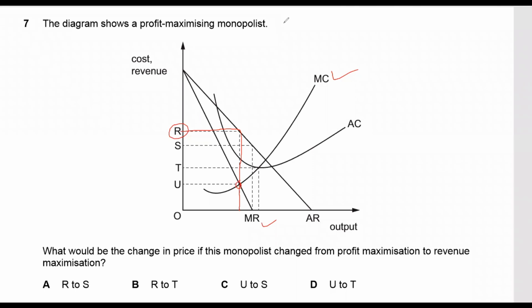And the condition for revenue maximization is marginal revenue should be equal to 0, and marginal revenue is 0 at this point, and we can draw perpendicular till average revenue because price is always equal to average revenue. So this is the revenue maximizing price. So if firm wants to change its aim from profit maximization to revenue maximization, then it should change price from R to S. So A is correct answer.